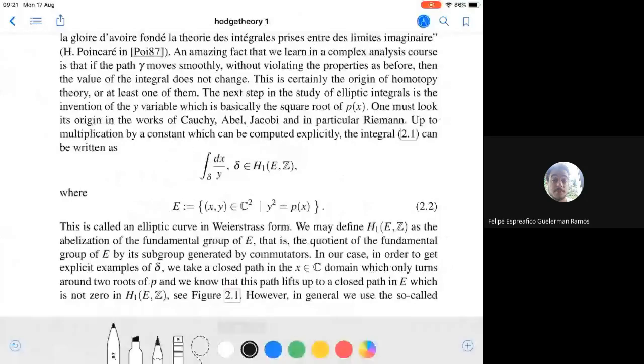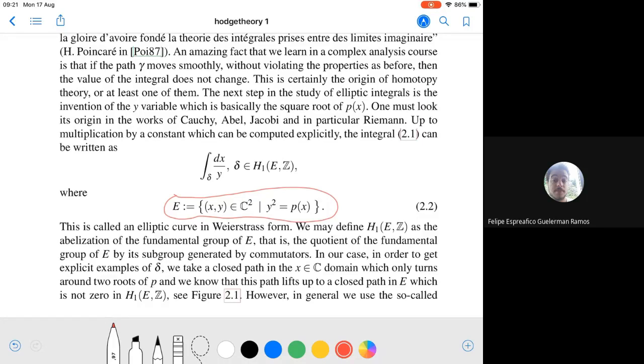So after the introduction of this variable y, and since we are in the complex domain, it is natural to introduce this set. This is the set of x and y in C2 such that y squared equals p(x). And the idea, already around the 19th century going into the 20th century, was to integrate our integrals on this new space.